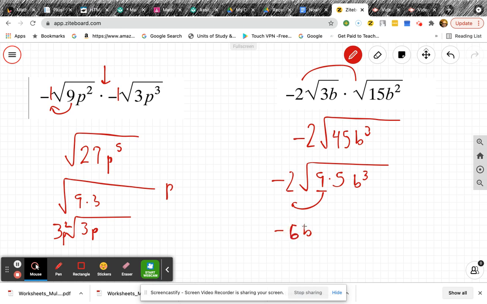That has a b, because the square root of b squared is b. What's left underneath? Well, 5 is left underneath, and then 1 b. Remember, b to the third underneath the radical is the same thing as b squared times b. B squared comes out as a b, and there's still 1 b left underneath.